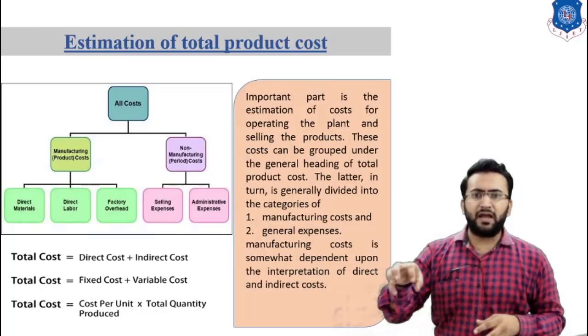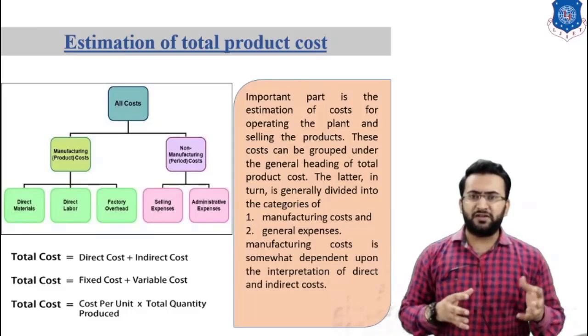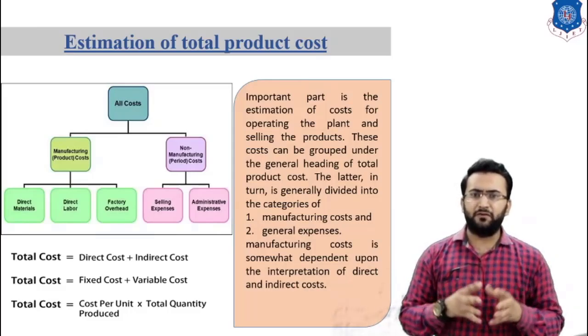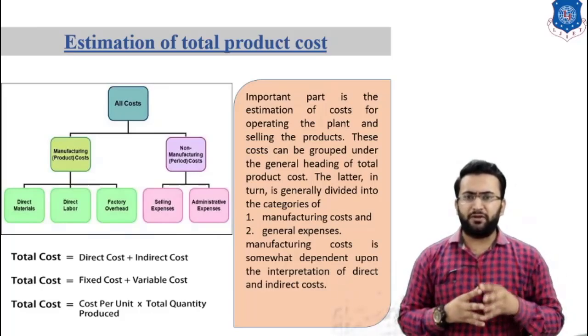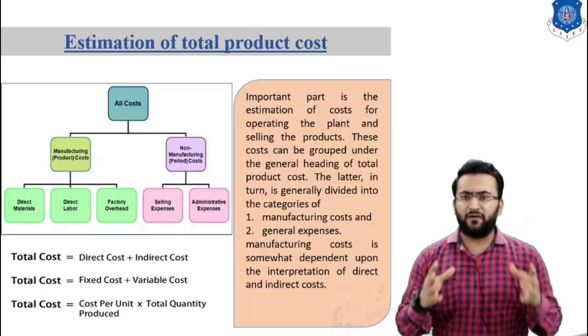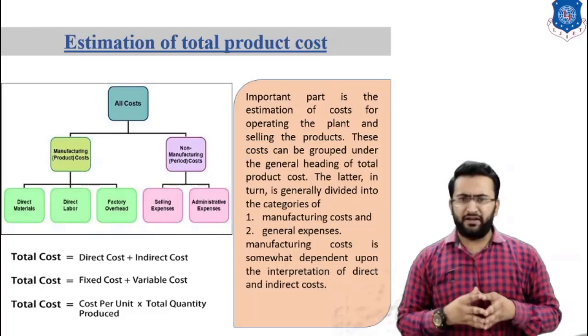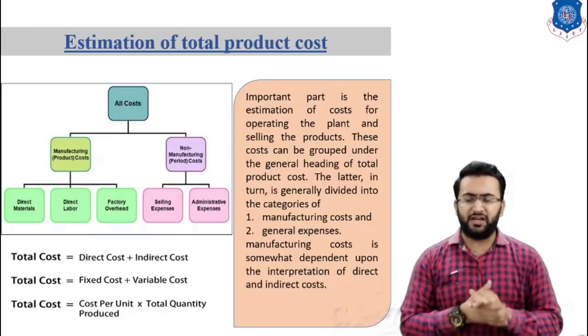So what is the important part in estimation of total product cost? It is the estimation of cost for the operating plant and the selling of the product. One is the estimation of cost for the operating plant, and the second is the selling of the product. This cost can be grouped under the general heading of total product cost. The latter is generally divided into the categories of manufacturing cost and general expenses.